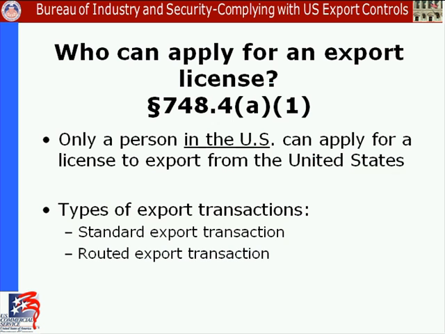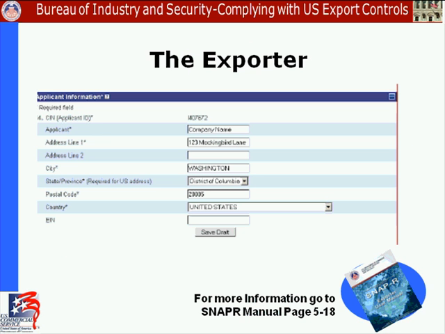Now we have different types of export transactions. The standard export transaction and what's called a routed export transaction. So let's see what the difference is. And before we get into the distinction between those two, this is what will come up when you submit your export license application through the SNAP-R system.